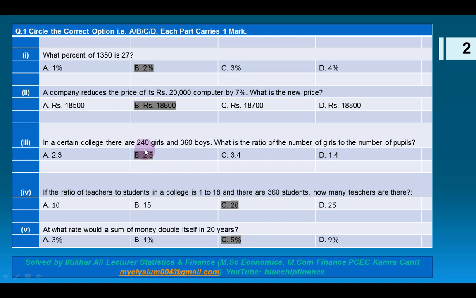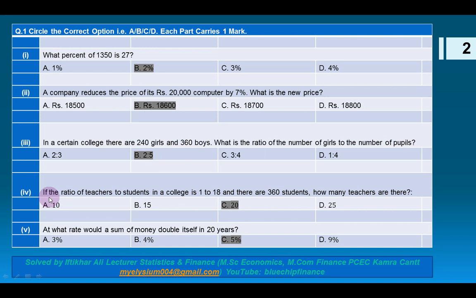So 240 ratio 600 in reduced form is 2 ratio 5. 120 multiplied by 2 equals 240, and 120 multiplied by 5 equals 600. So the correct option is 2 ratio 5.